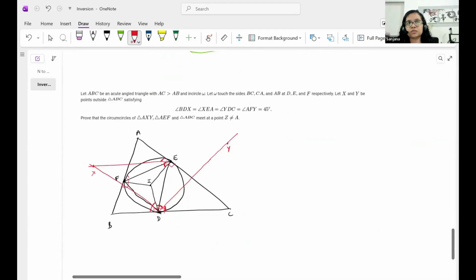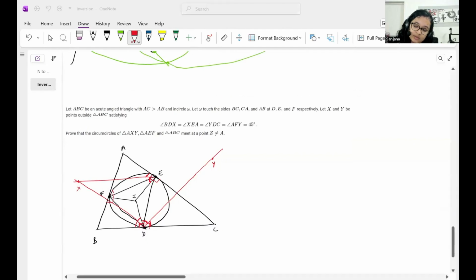Does everyone understand how X and Y are defined? You essentially take the bisector of this angle IDB and this angle AIE, and you intersect those to get X, and similarly you get Y. So what do you think is the most natural inversion in this one?